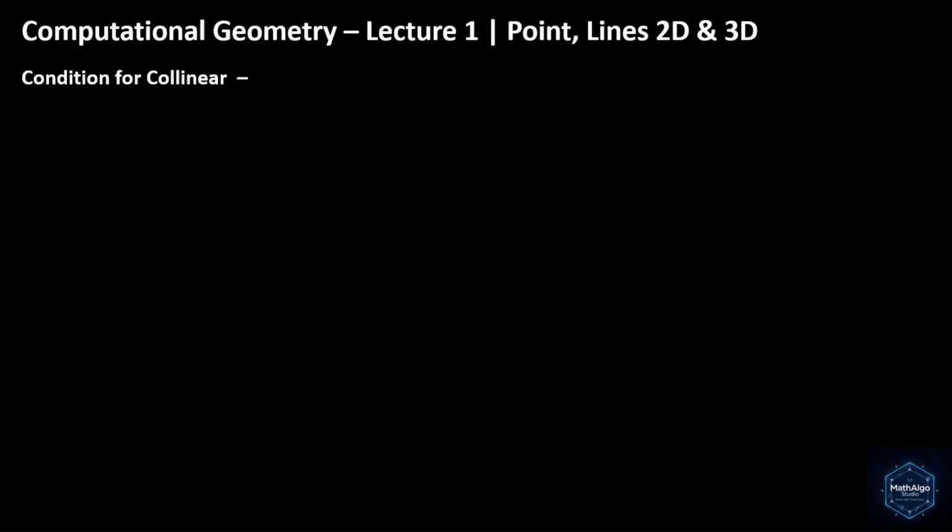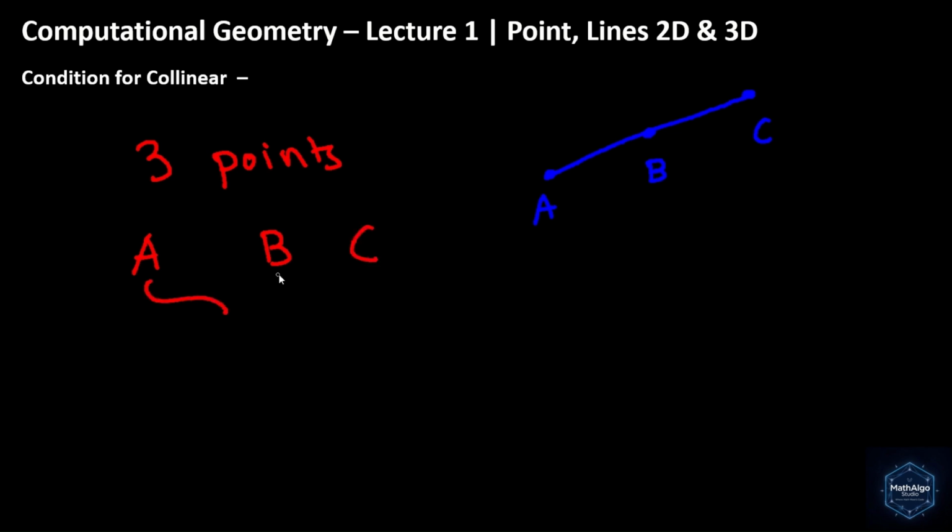Now let's understand the condition for collinearity. 3 or more points are said to be collinear if they all lie on the same straight line. Let's take 3 points A, B and C as shown here. Points AB create one line and BC creates another line.